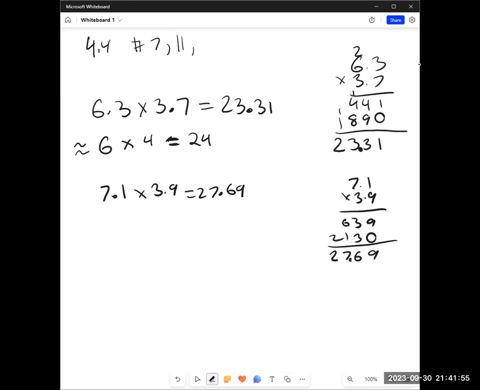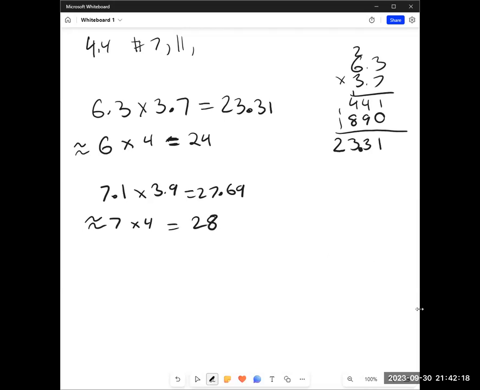Our estimated answer for this one, again, we're going to round to the nearest whole number and then estimate that way. We get 28, which is very close to 27 and 69 hundredths. So those are both of our examples that are like number 7 from the textbook.